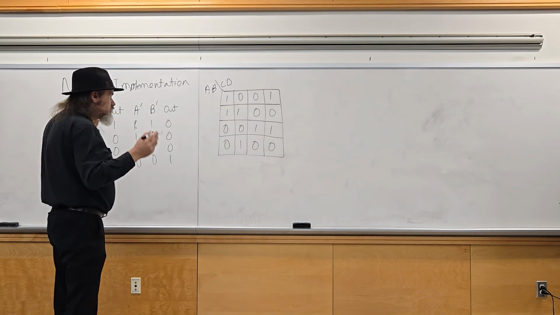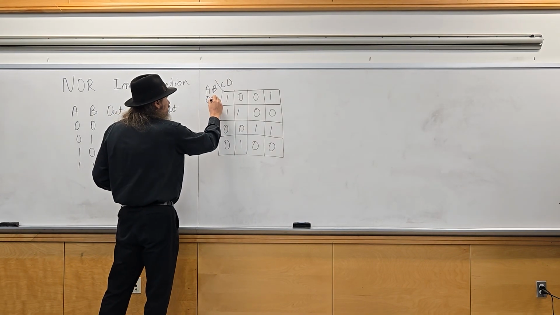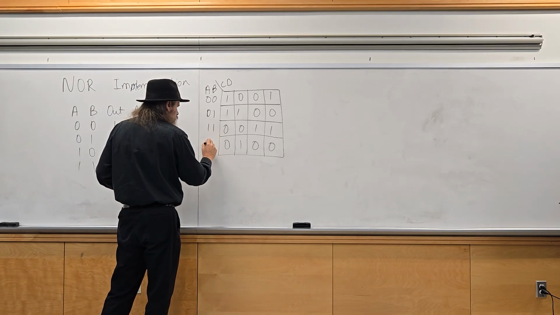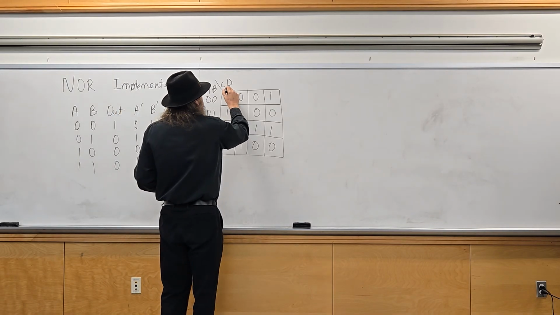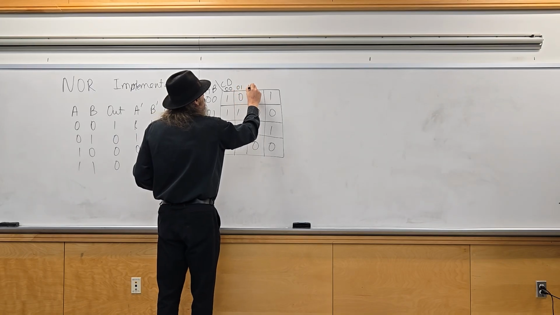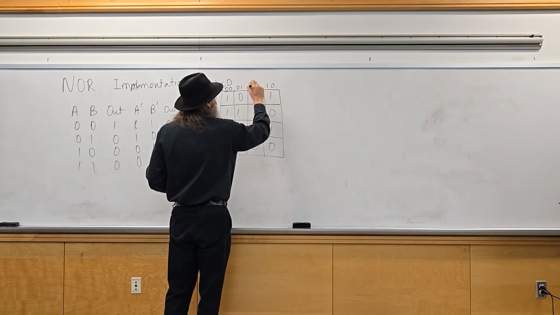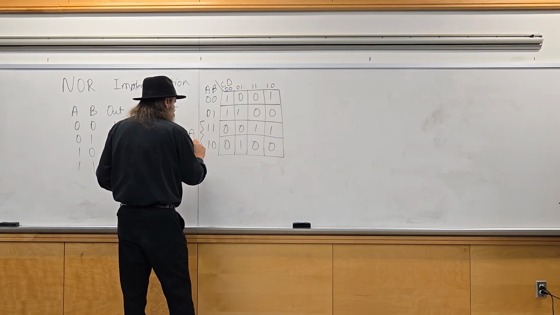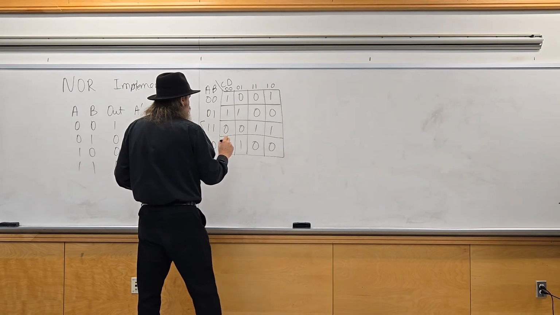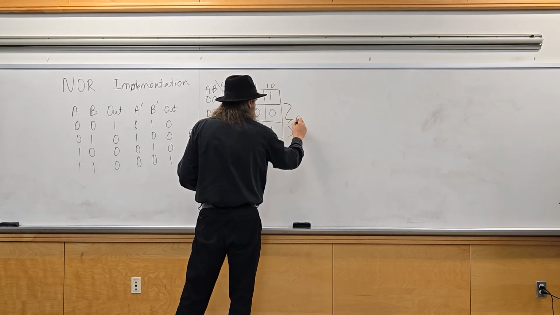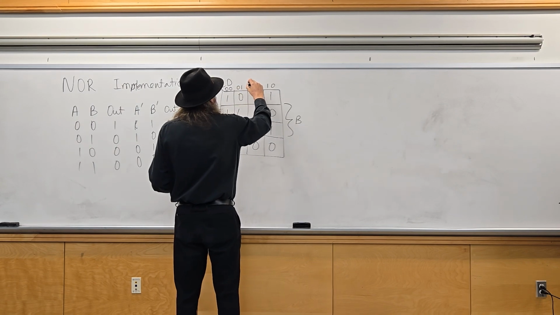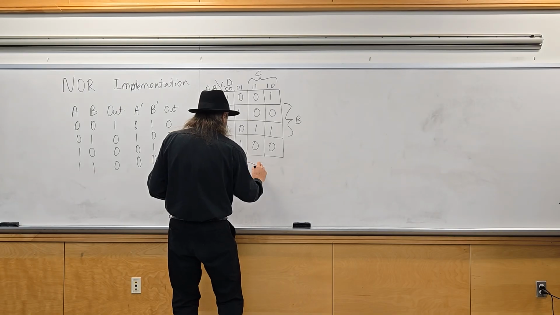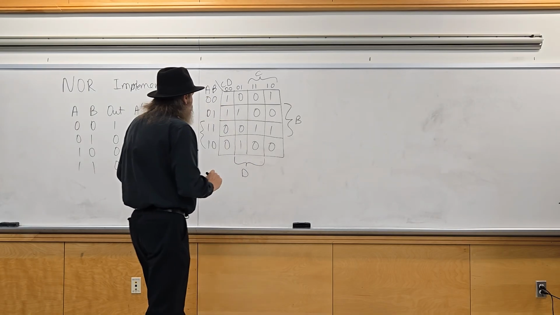Okay, let's just use that as an example, just some random placement. And 0, 0, 0, 1, 1, 1, 0. This is A, B, C, and D. Okay.